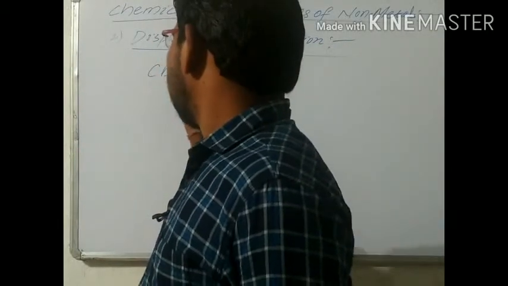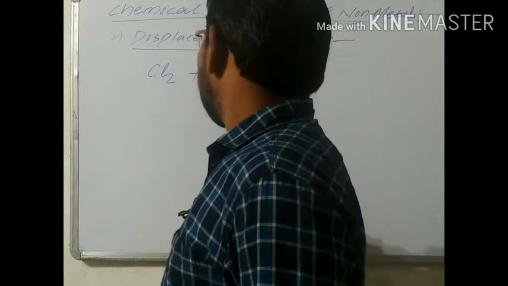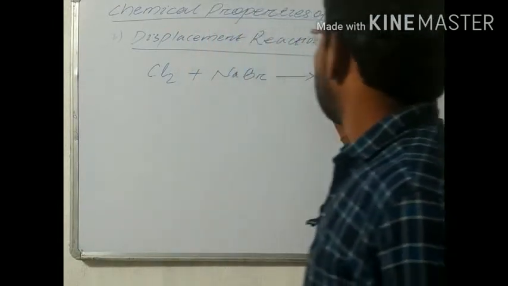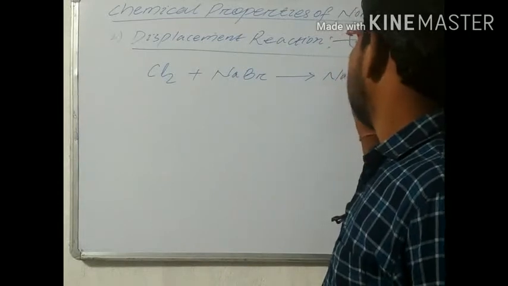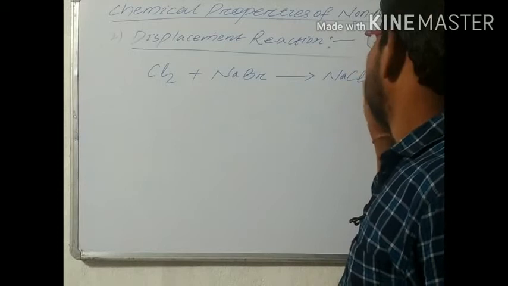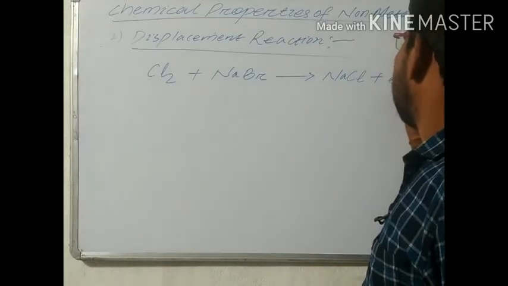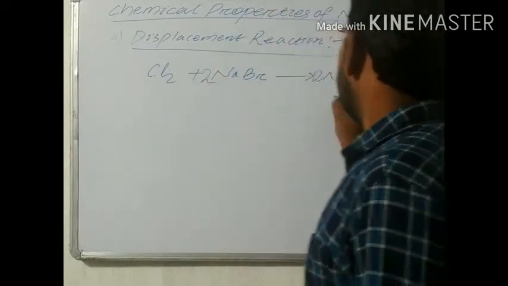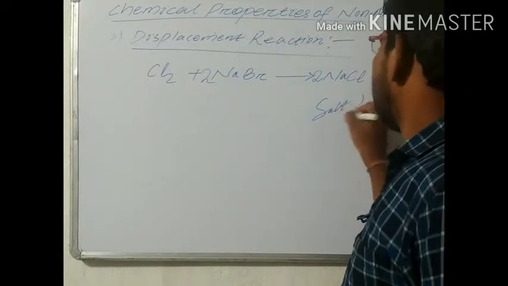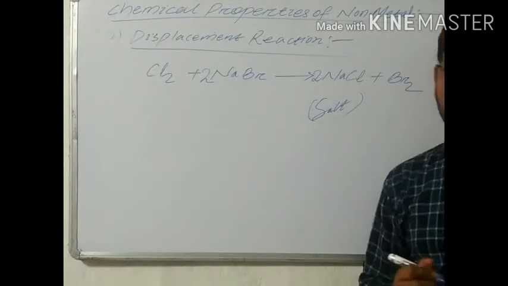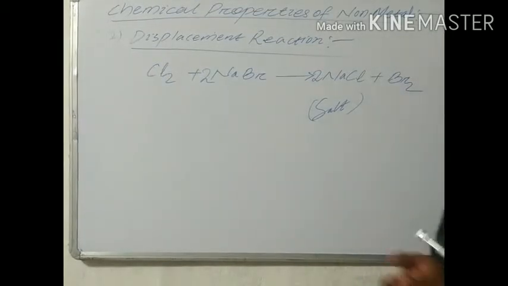Chlorine gas, Cl2, reacts with sodium bromide, NaBr, to form sodium chloride, NaCl, plus bromine gas, Br2. Sodium chloride is a salt. So it is also a displacement reaction.